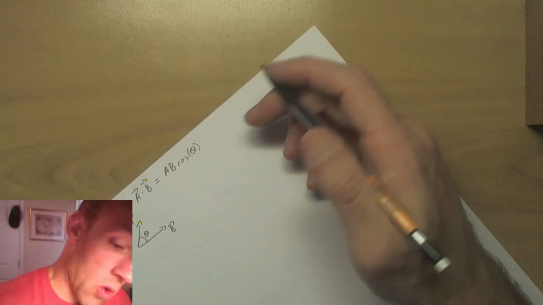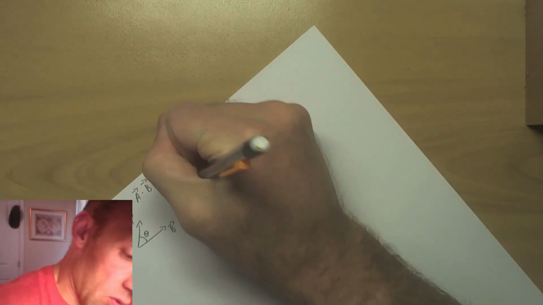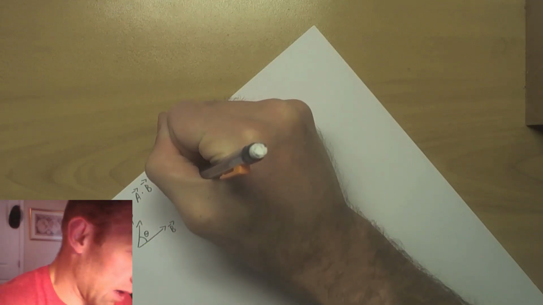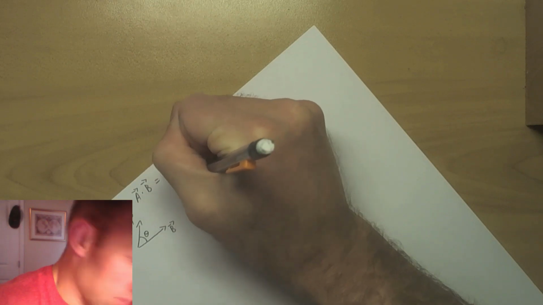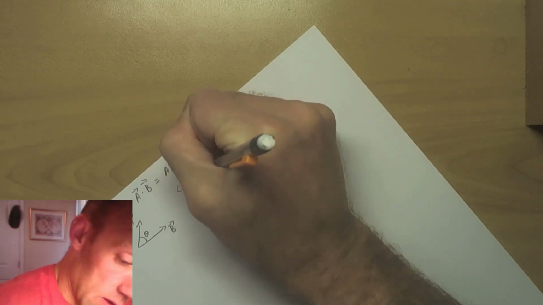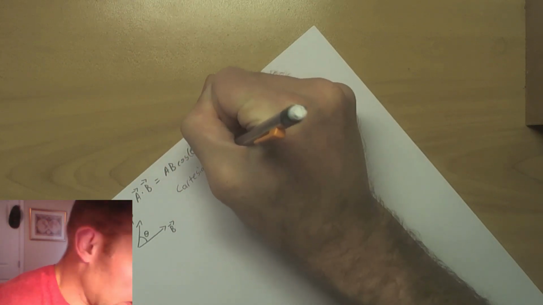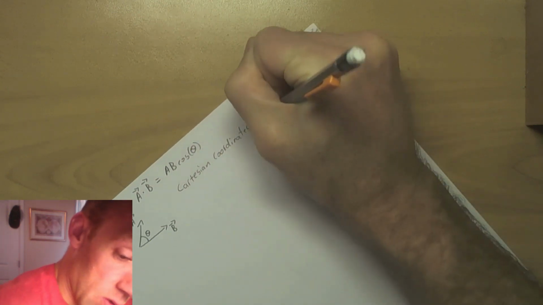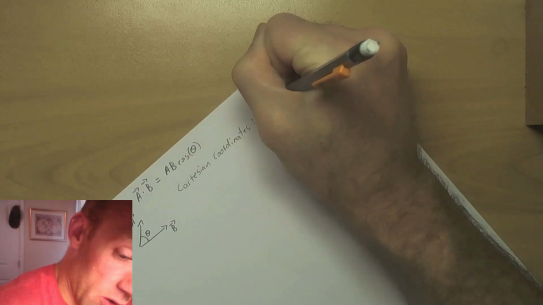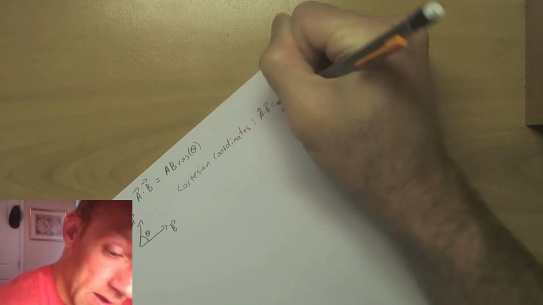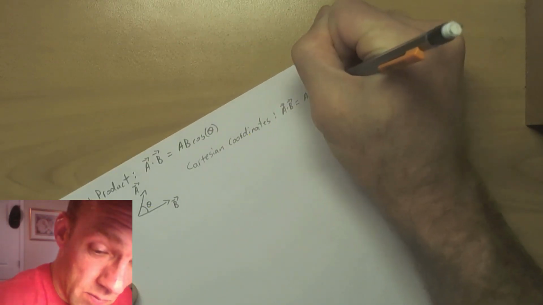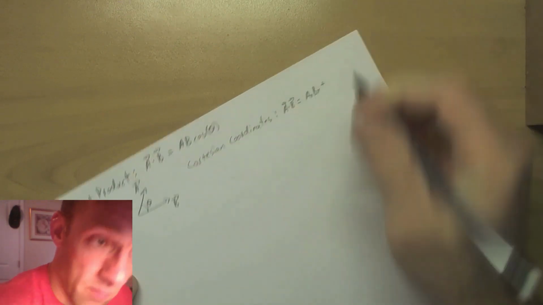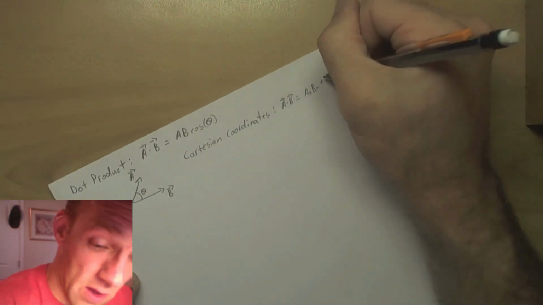In Cartesian coordinates, it has a simple formula for calculating it. A dot B in Cartesian coordinates is given by the sum of the product of the individual components.